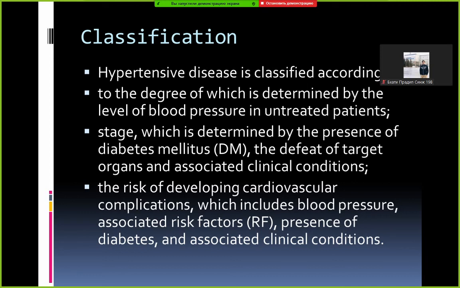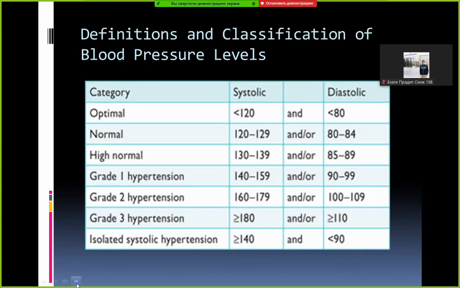Next classification according to the stages, which are determined by the presence of diabetes mellitus, defeat of target organs, or associated clinical conditions, and the risk of developing cardiovascular complications, which includes blood pressure, associated risk factors, presence of diabetes, and associated clinical conditions. This slide is illustrating the blood pressure levels.